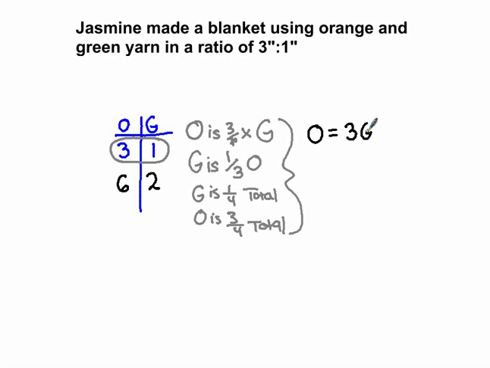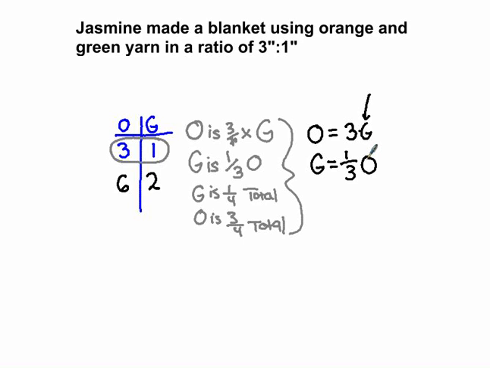If you see a number next to a variable like this, that means times. So orange is 3 times g, or orange equals 3g. To use the equation, whatever number you input for green, you multiply that by 3 in order to find orange. We could also work in reverse by saying green is orange divided by 3, or 1/3 orange.